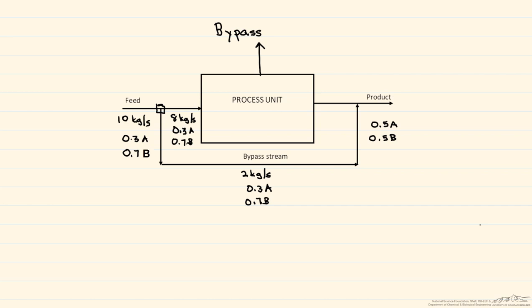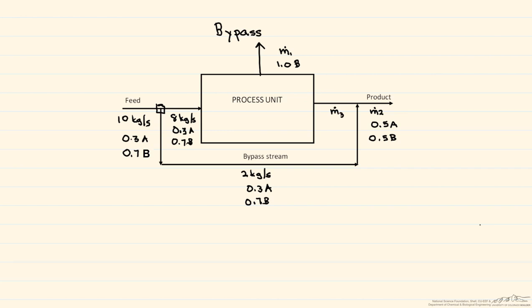So let's fill in the unknowns here. We don't know this mass flow rate, but we do know its composition because it says B is removed. Here, we don't know the mass flow rate of this, but we again know the composition. And finally here, we don't know the mass flow rate.